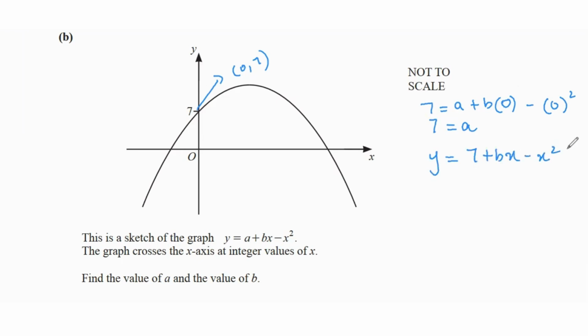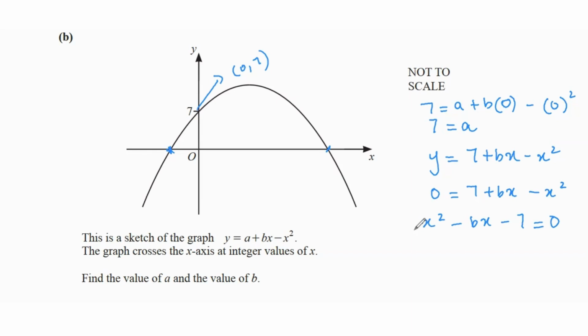Now, since they're integer values, which means at these 2 points, y is 0. So 0 equals 7 plus bx minus x squared. Now, if we rearrange this to make x squared positive, it's going to be x squared minus bx minus 7 equals 0. Now, if you think about solving this using middle term breakage, we know that the coefficient of x squared is 1 and the constant is negative 7.